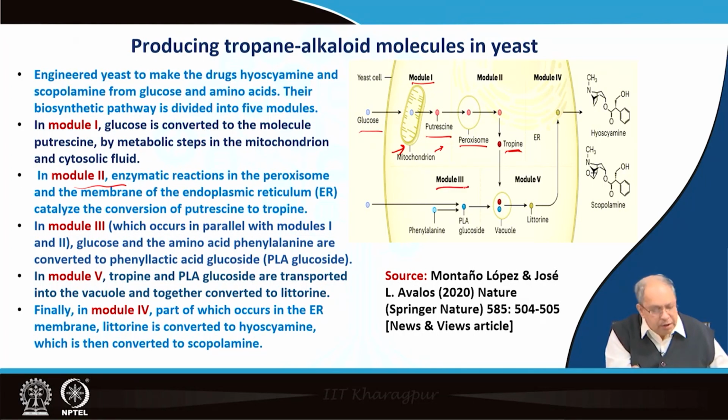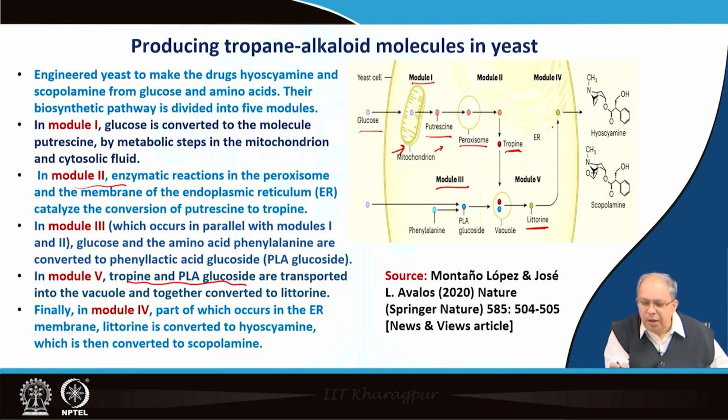That is basically taken care of in module 3, which is operating in the cytosol. Module 5 says that tropine and the PLA glucoside are transported into the vacuole together and converted into litorine. As I said, the PLA glucoside and tropine are converted into litorine.